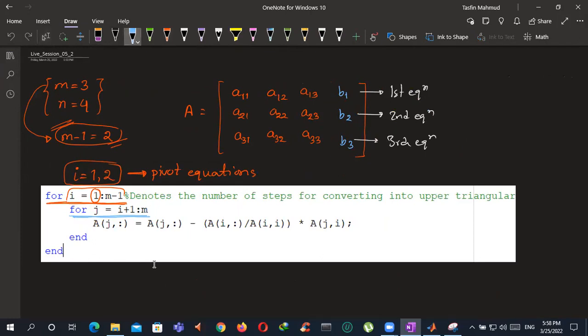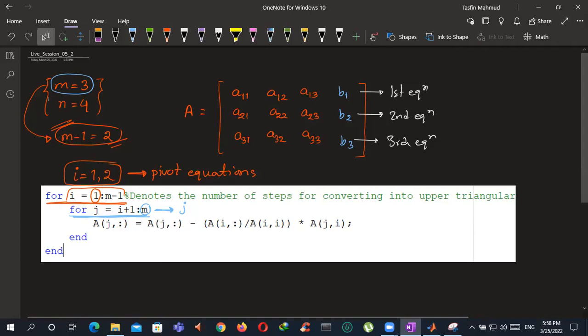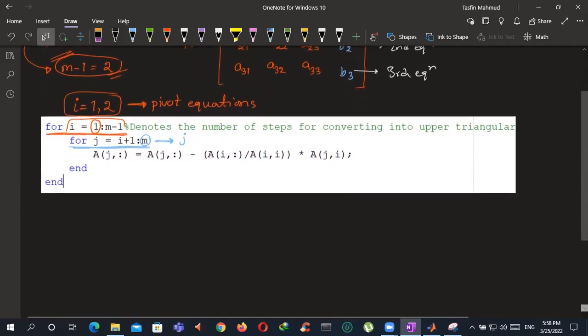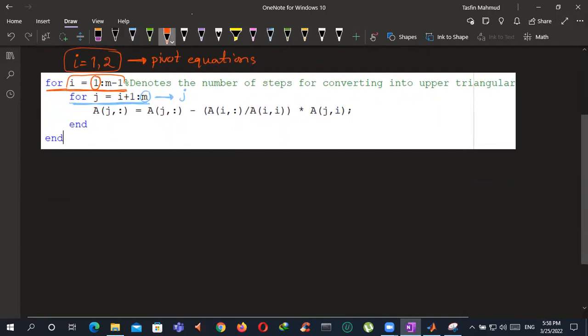And with the J loop, the inner nested loop here, we can see the J loop is being iterated from I plus 1. So whenever I is 1, the J loop will start from 2 up to m. The value of m is 3, so it will iterate up to 3. Okay, let's start our iteration considering I equals 1 first.